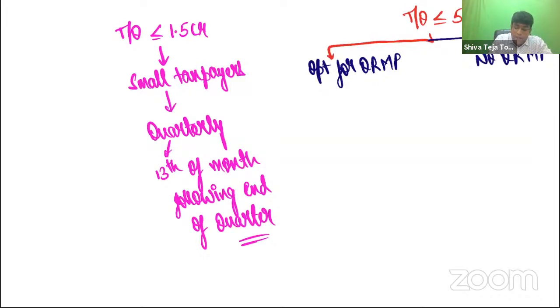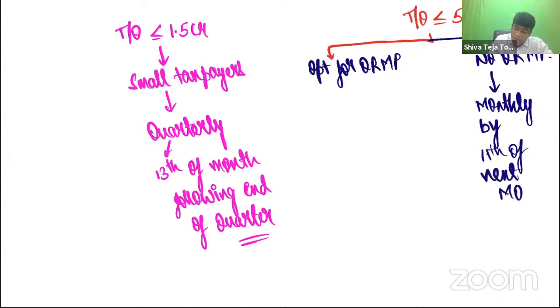QRMP is not mandatory, it's only optional. So if it is no QRMP, straight away monthly basis by 11th of next month.